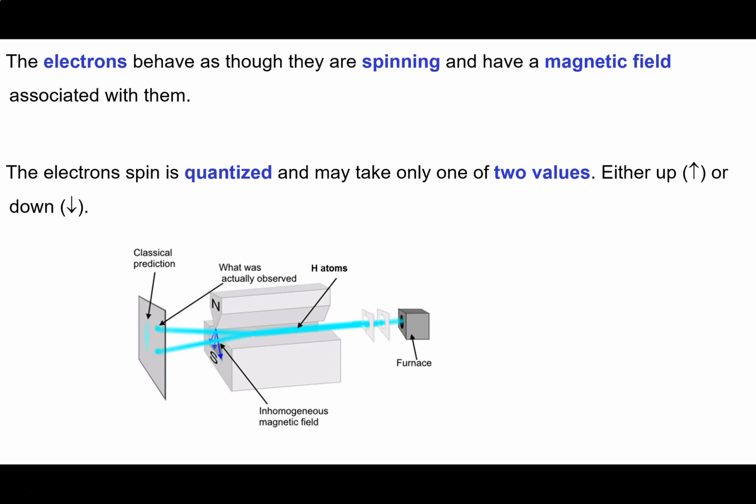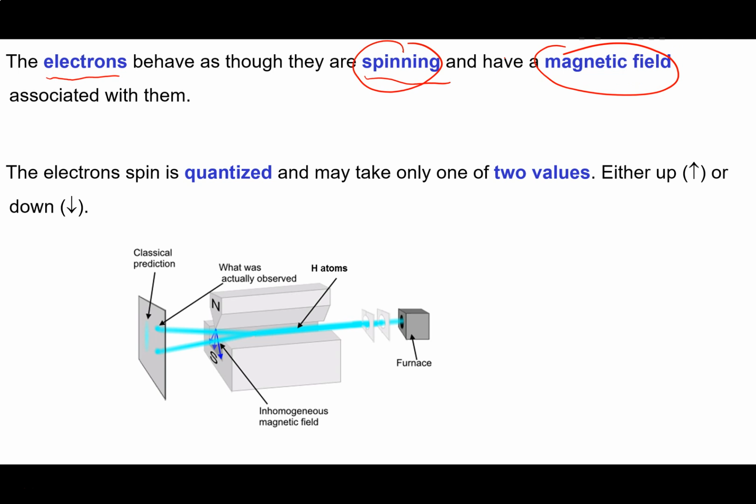Now, an orbital describes where an electron will be found or is likely to be found. What it doesn't describe is how the electron is behaving. And what Schrödinger discovered is that the electrons found within these orbitals behave as though they are spinning. When charged particles spin, they create a magnetic field.